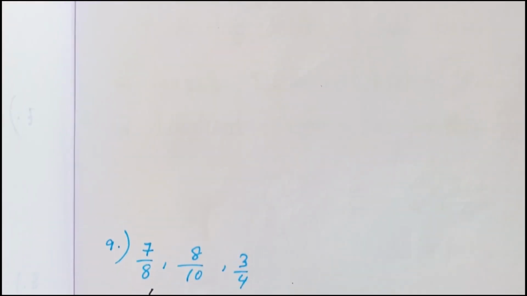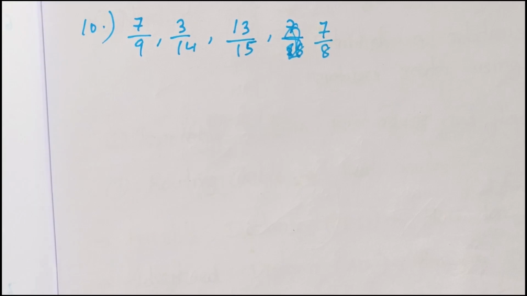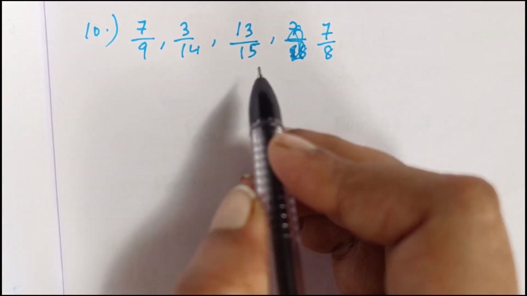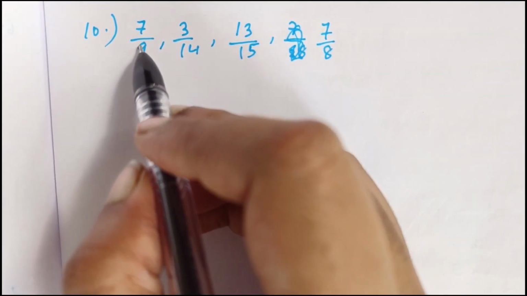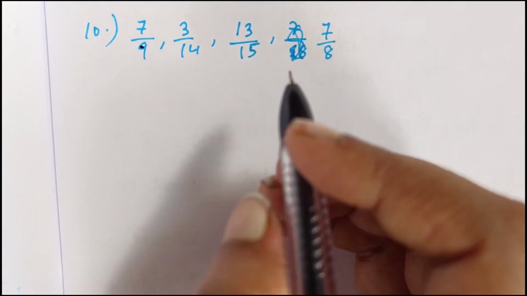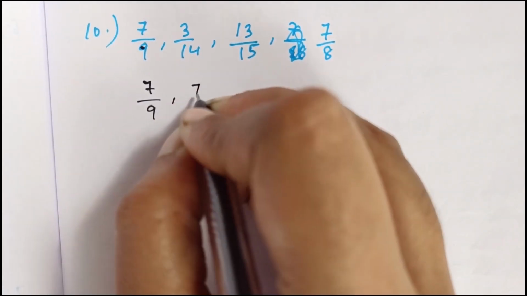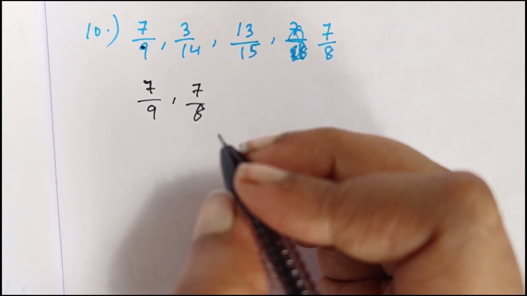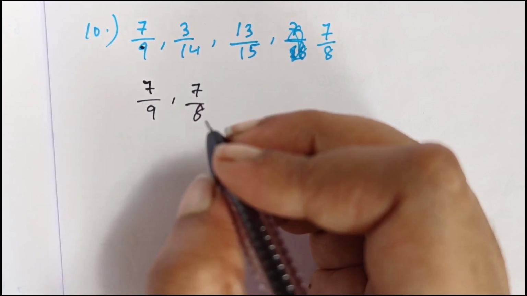Now, next question. 7 by 9, 3 by 14, 13 by 15, 7 by 8. So here we have two fractions with the same numerators, that is 7 by 9 and 7 by 8. So if they have the same numerator, then the biggest fraction will be the fraction with the lowest value of denominator.